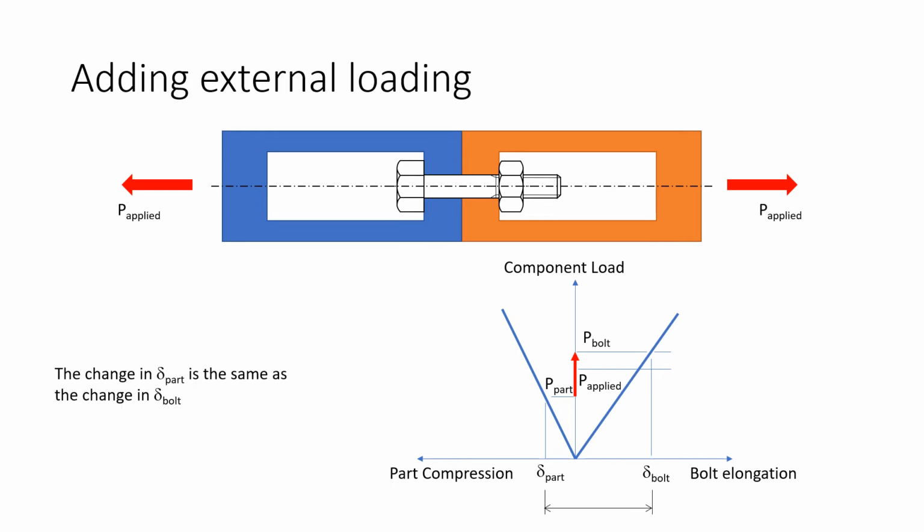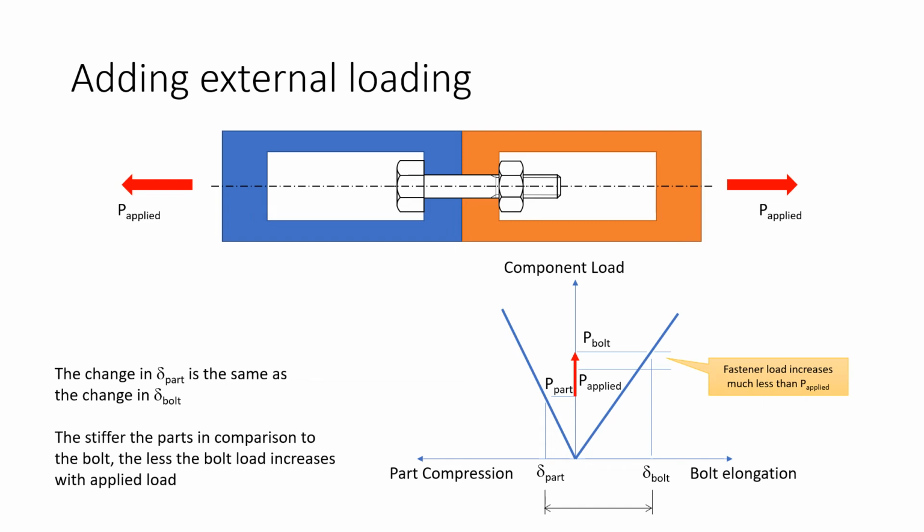That's expressed in this geometrical constraint relationship, that the change in delta part is the same as the change in delta bolt. They both actually got longer. So the fastener load increases much less than P applied, provided the parts are stiffer.